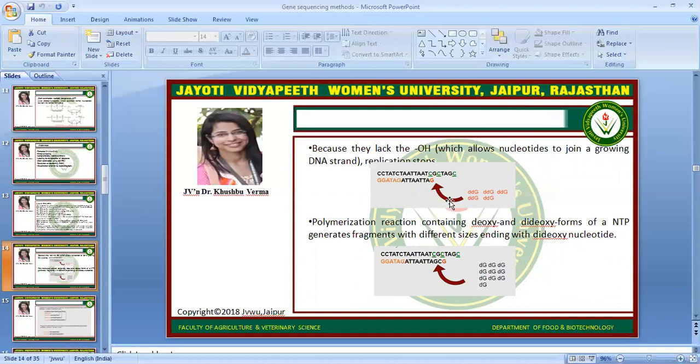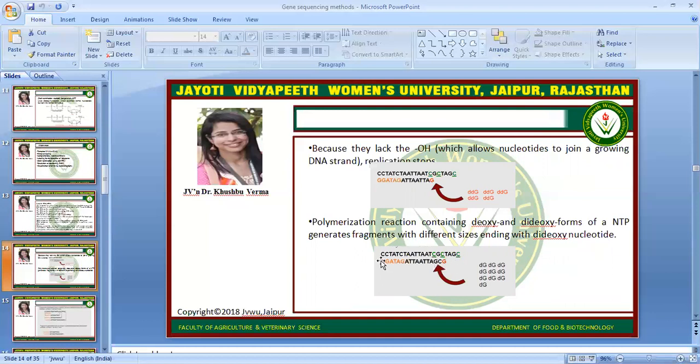Here we can see the difference: if we attach ddG, it will not have an OH group, so it will stop the replication right there. A polymerization reaction containing deoxy and dideoxy forms of the NTP generates fragments of different sizes ending with dideoxynucleotides.